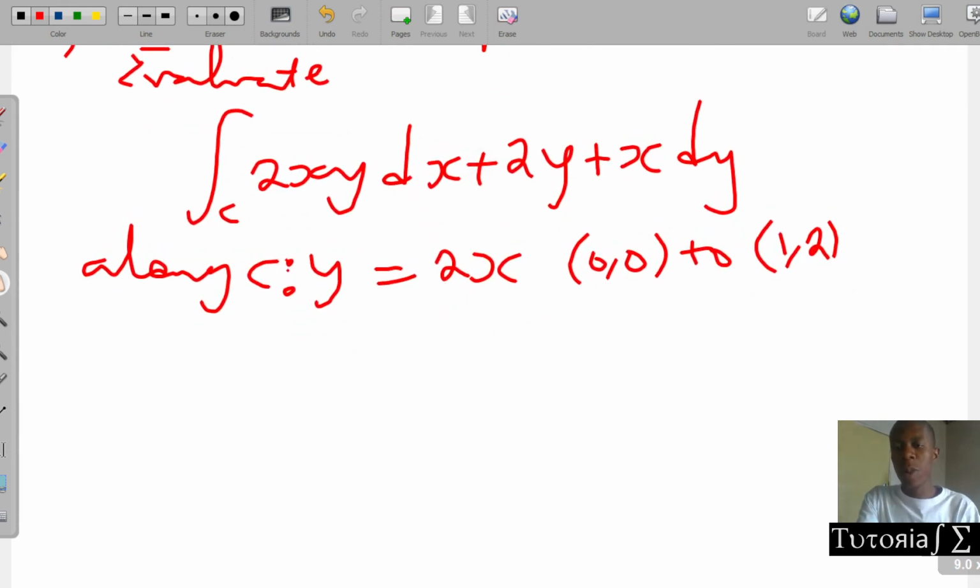Remember what we said: the integral should conform to the given line of integration. What we mean is we're going to use the line of integration to make everything uniform in this integral. If we have dx here, everything here should be x.